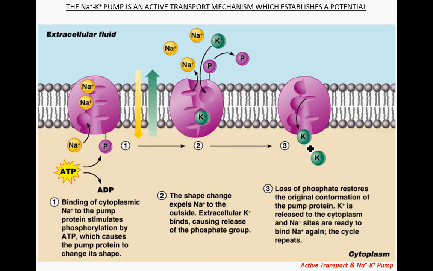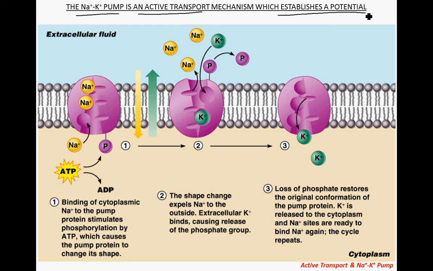So in previous screencasts, we've discussed active transport mechanisms, and the most classic example of an active transport mechanism is the sodium-potassium pump. This sodium-potassium pump is moving sodium ions and potassium ions, but it's moving them unequally. It's an active transport mechanism, and what we say is that it's going to be establishing a potential.